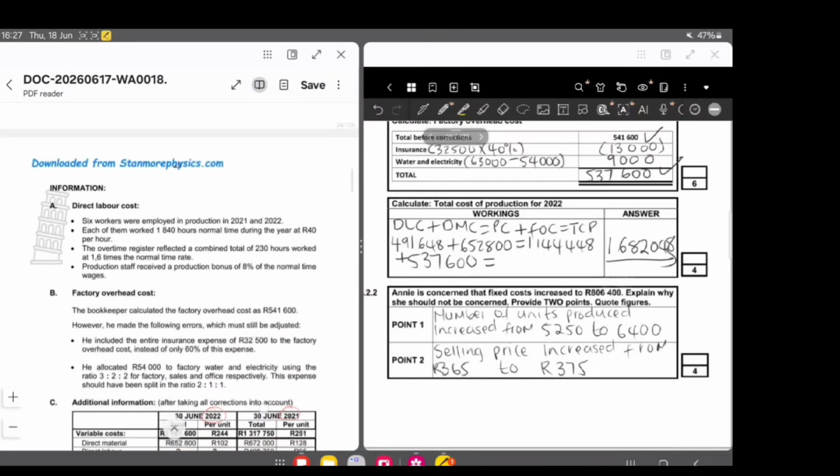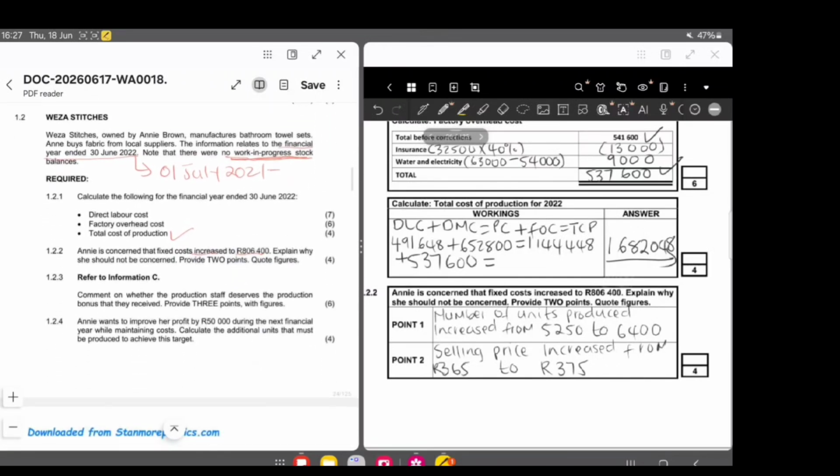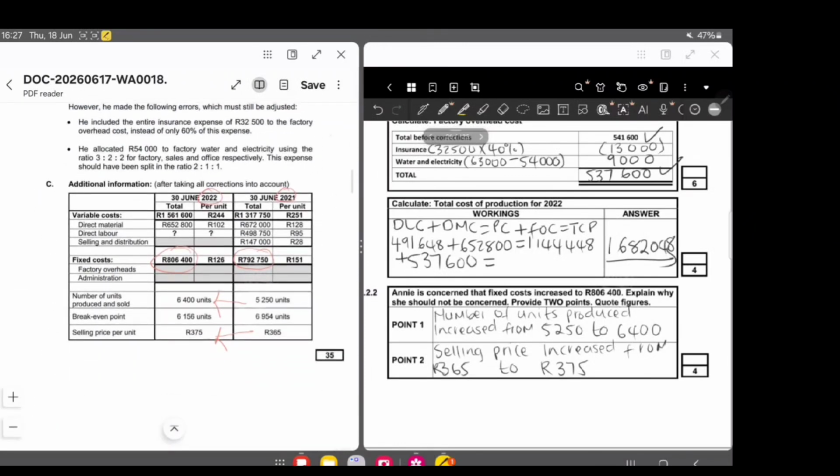Then now let's check the other question. It says, refer to information C. Comment on whether the production staff deserves the production bonus that they received. Provide 3 points with figures. Production staff. Okay, let's check. Information C. We would say yes, because the number of units produced increased.